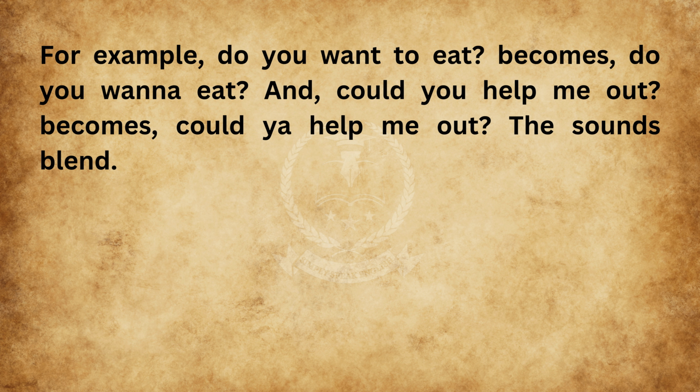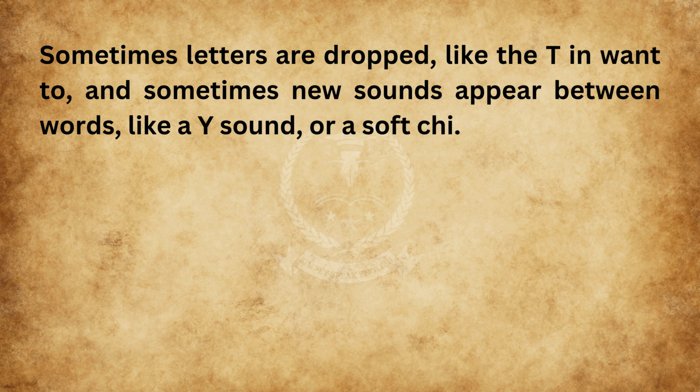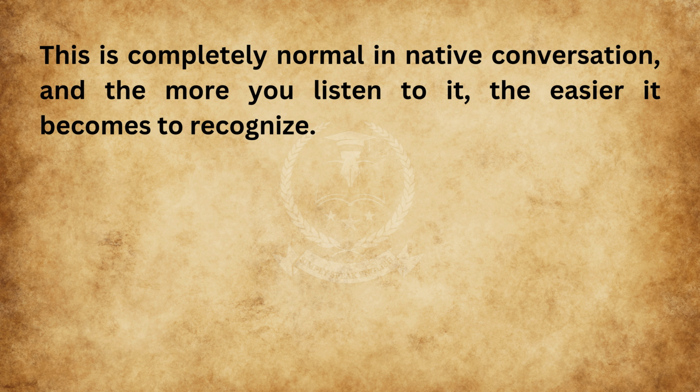And "Could you help me out?" becomes, "Could you help me out?" The sounds blend. Sometimes letters are dropped, like the T in want to, and sometimes new sounds appear between words, like a Y sound or a soft chai. This is completely normal in native conversation, and the more you listen to it, the easier it becomes to recognize.